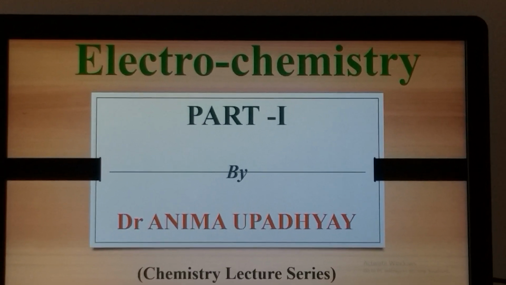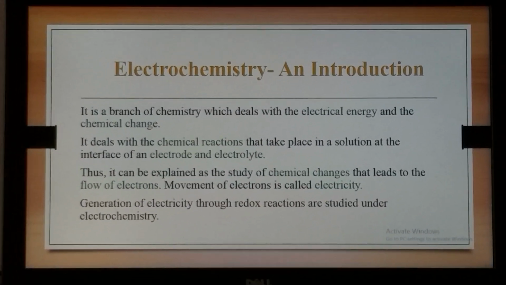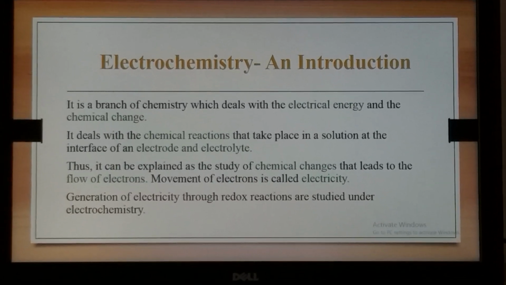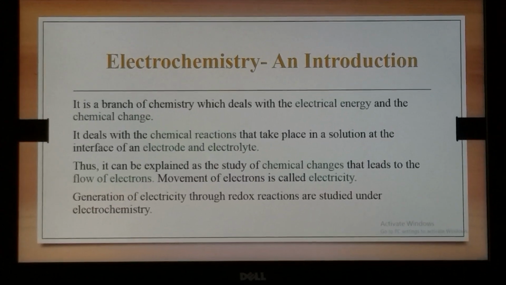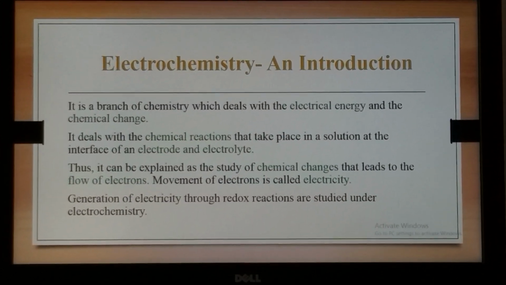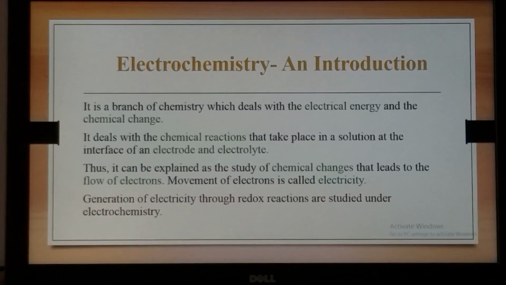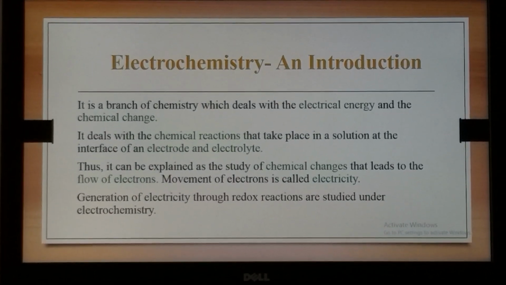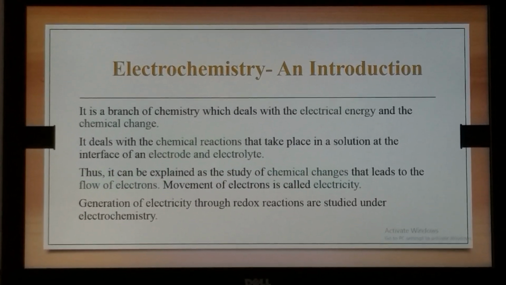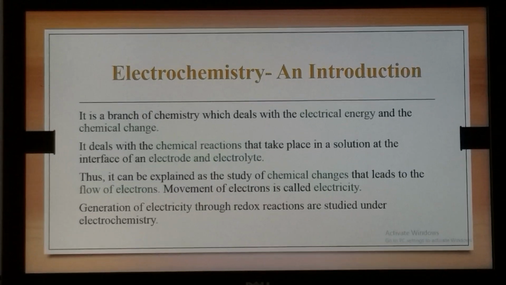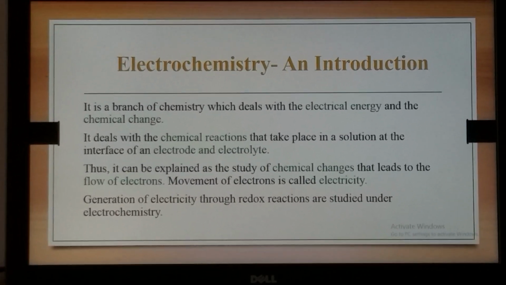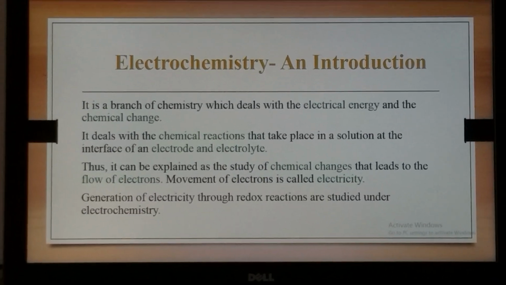So in electrochemistry, we should first understand what electrochemistry stands for. Electrochemistry is a branch of chemistry that deals with electrical energy and chemical change. We can also say that electrochemistry is all about the chemical reactions that take place in a solution at the interface of an electrode and electrolyte.